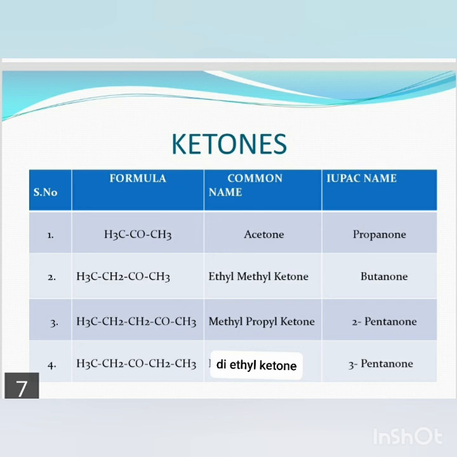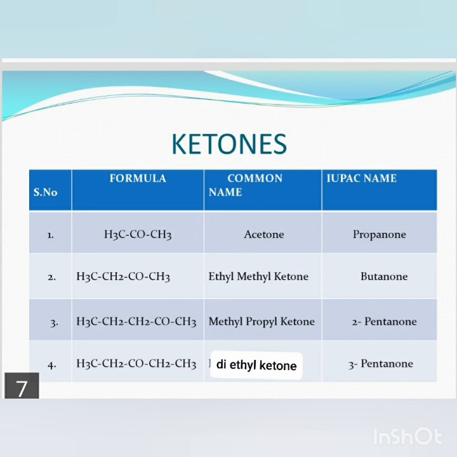And the second example is CH3 C double bond O CH2 CH3. So this one is a mixed ketone or unsymmetrical ketone. For this unsymmetrical ketone, the groups attached to C double bond O are two.